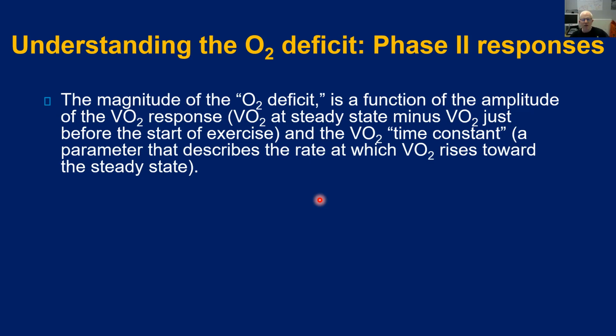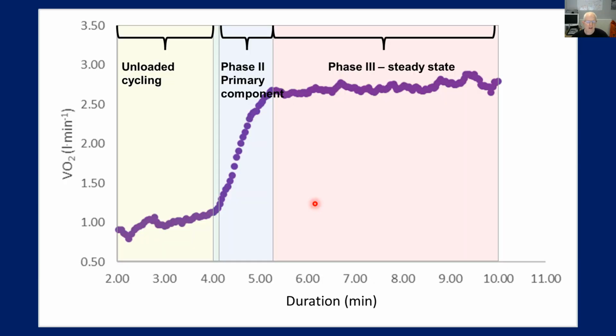So it's a function of the amplitude of the VO2 response at steady state, so phase 3, minus the VO2 just before the start of exercise. So in other words, the magnitude in this phase here is the VO2 in phase 3 minus the unloaded VO2 here. That gives us the magnitude or the amplitude, one might describe it, for the phase 2 response.